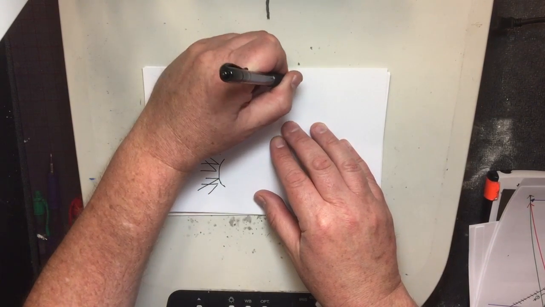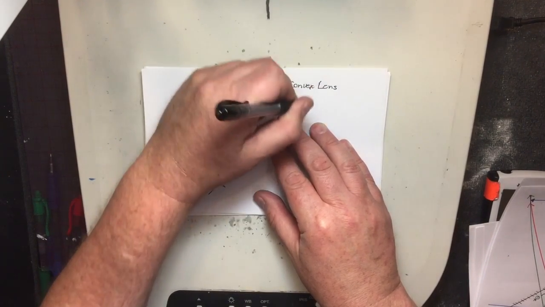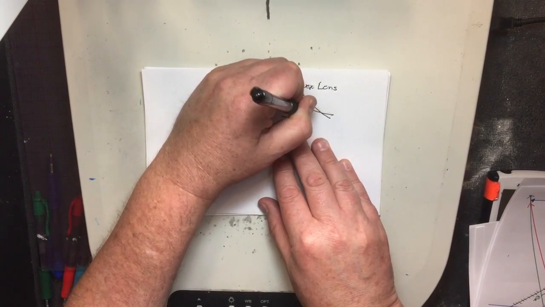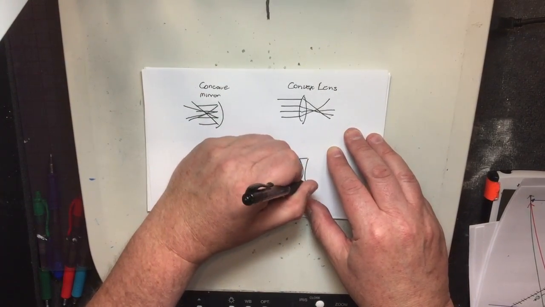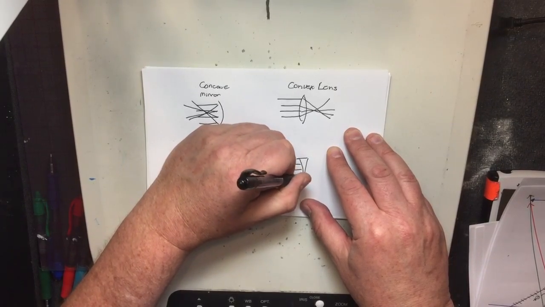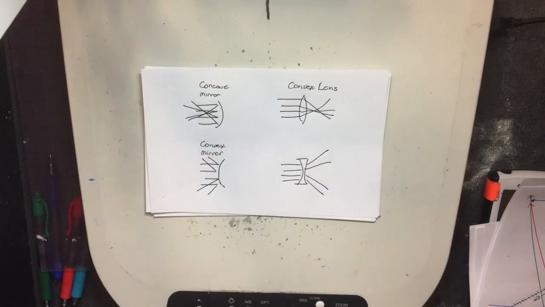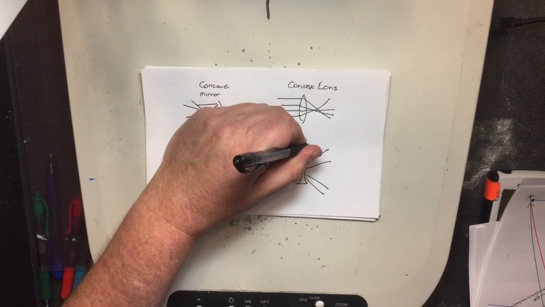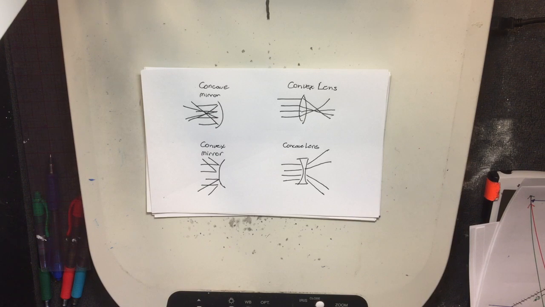A convex lens, which looks like this, takes parallel light and focuses it. A concave lens takes light and bends it away. So a concave mirror and a convex lens do the same thing.